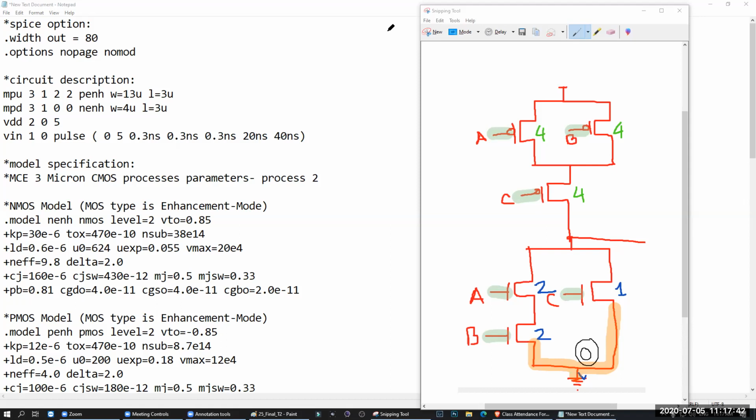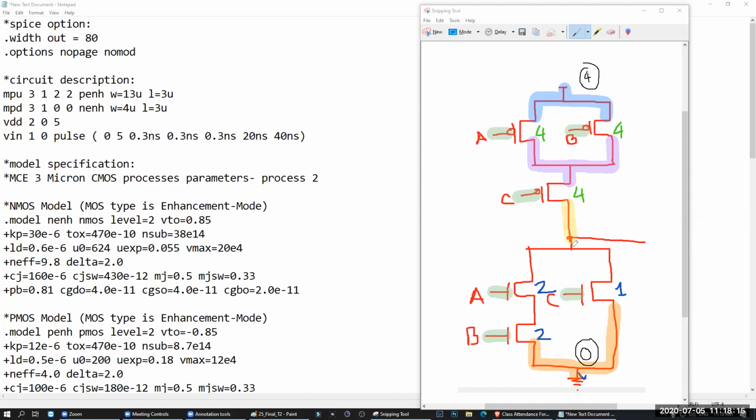Now come to node 4. Which one is your node 4? This one is your node 4, right? So I'm going to write node 4. This one will be your node 5, right? Next, let's use a color.